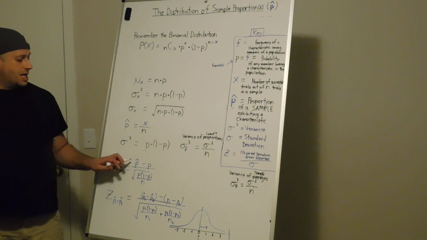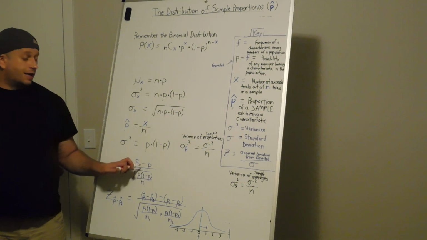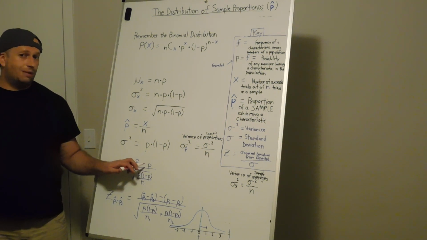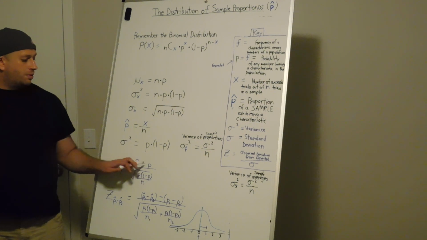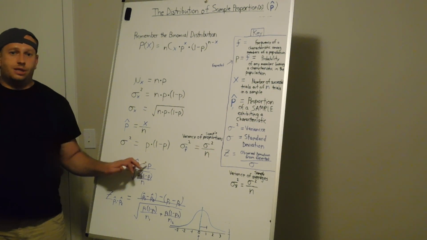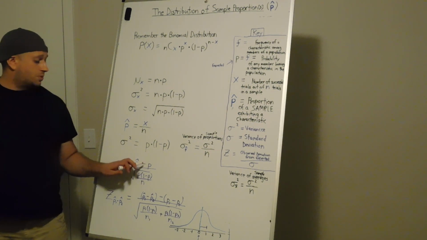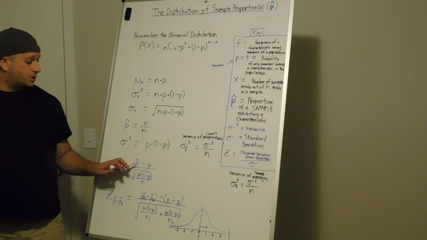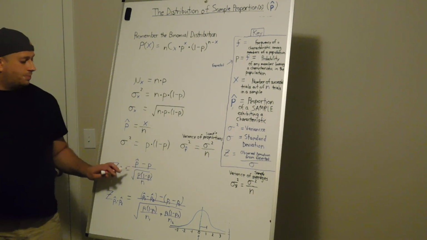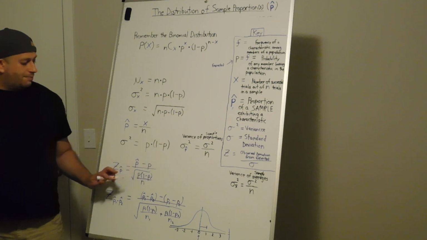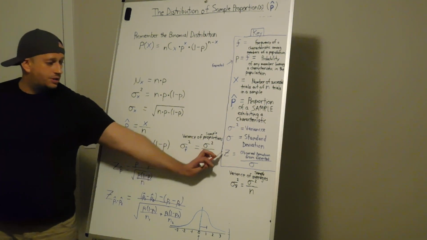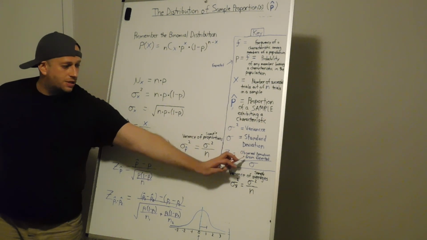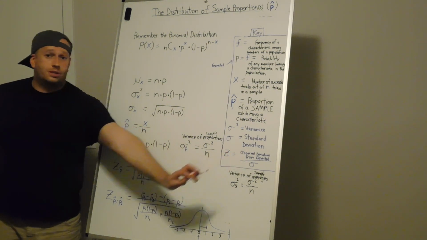So we're taking the proportion of our sample, we're subtracting from the probability, which is the same as the proportion of the actual entire population out there. Just like we were subtracting the actual average of the population, we're subtracting the proportion because we're looking at proportions. So we can subtract that probability, and then we divide by the standard deviation. Remember, z is the observed deviation from the expected divided by the standard deviation.